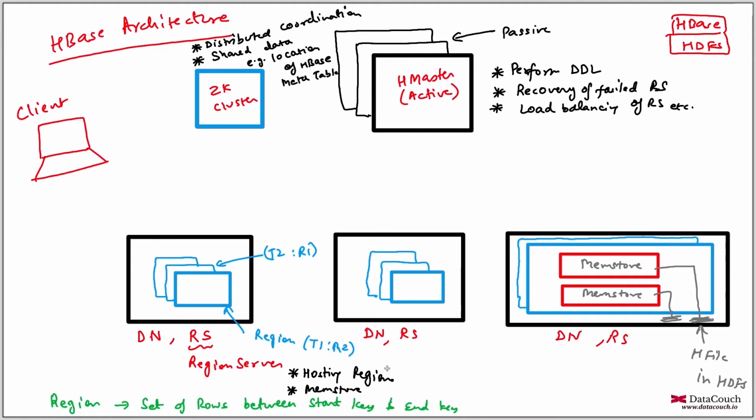There is another component called write ahead log, which is there in each and every machine. So write ahead logs are there, right? WAL. This provides another layer of fault tolerance, so basically reliability when you are storing data in HBase. So first of all, data goes into write ahead logs. So it is also responsible for hosting write ahead logs. It takes care of that.